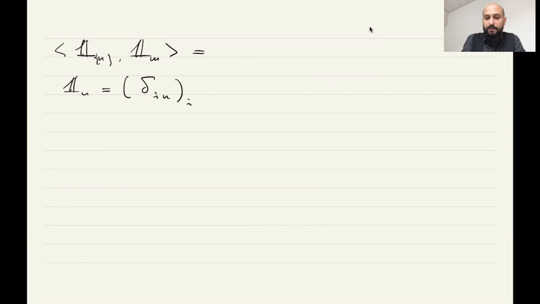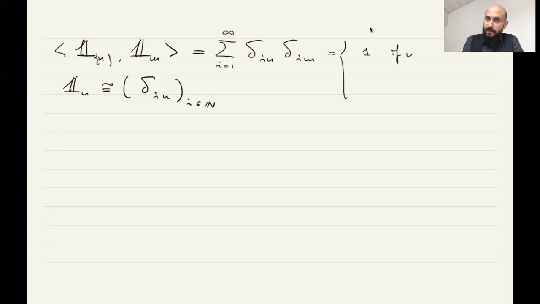So this is going to be always 0, but when i is equal to n, then the value is going to be 1. So what happens now if I sum delta in with delta im, summed over i? Now, if n is equal to m, then this is going to be 1, otherwise it's going to be 0.